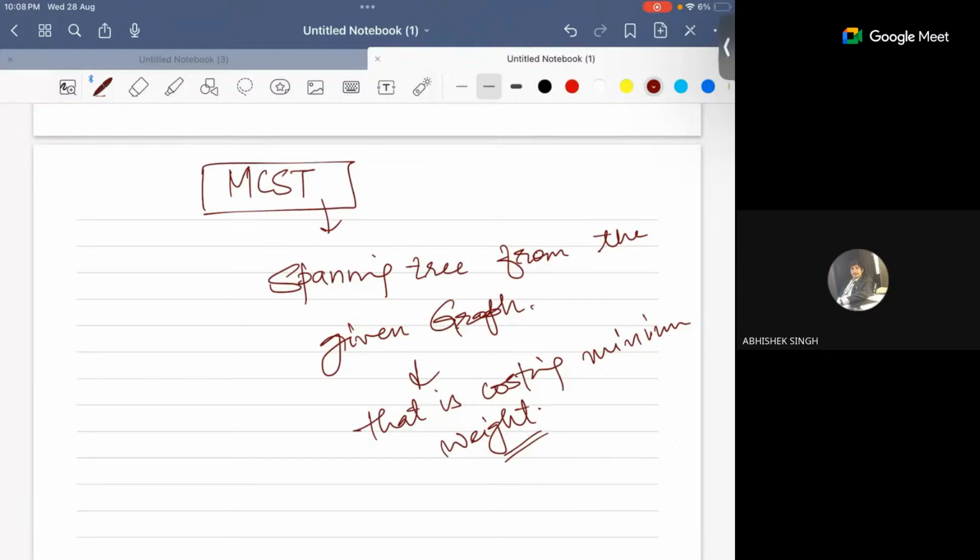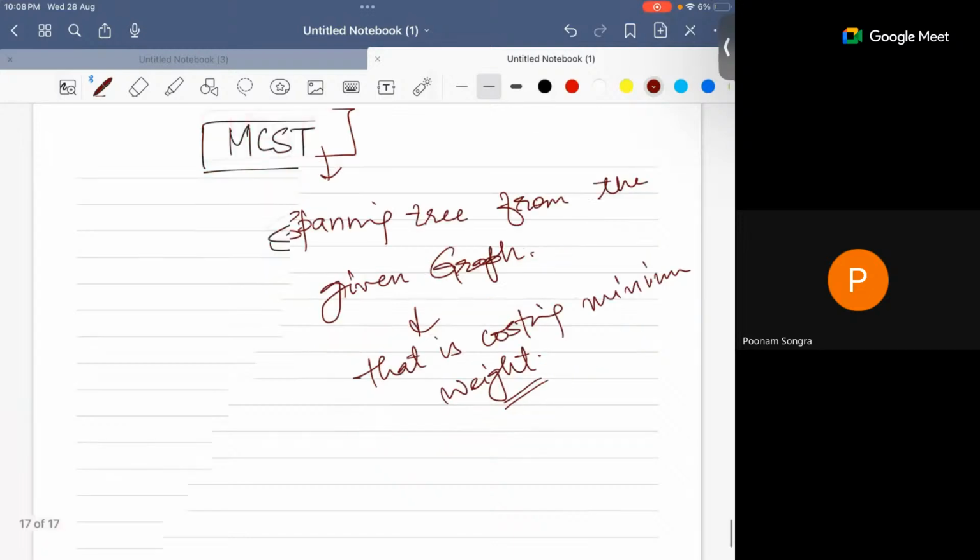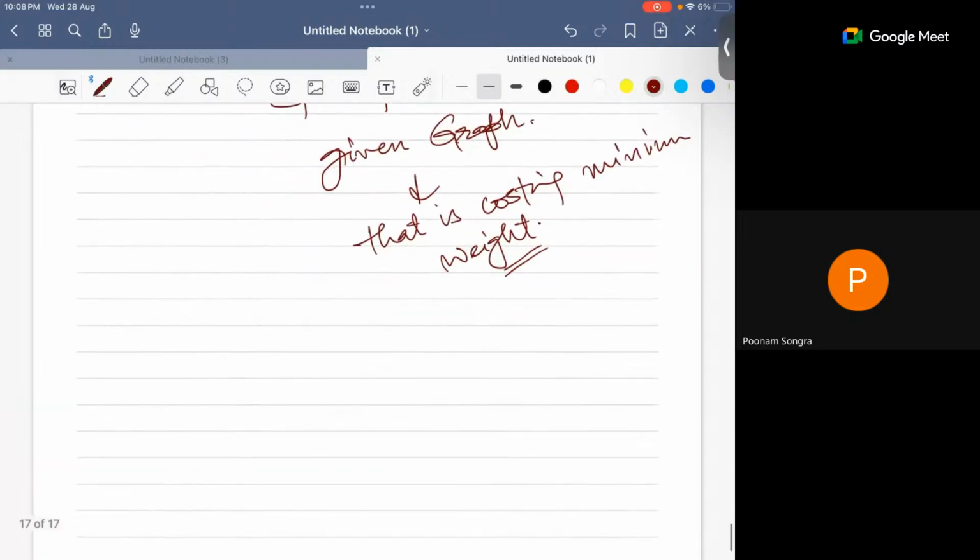I hope you already know about the tree. Tree you already know, right? Yes, sir. A minimally connected graph. If you have to make a spanning tree, you have to take all the vertices, and there should be connections so you can reach from one vertex to another.